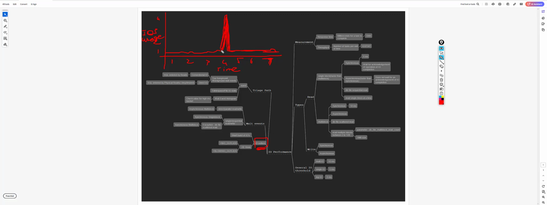right? Why? Because this is an outlier. So what is an outlier? An outlier is something different or away from the original mean or median.